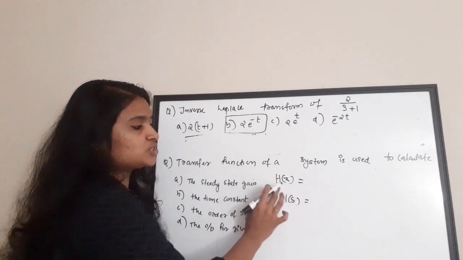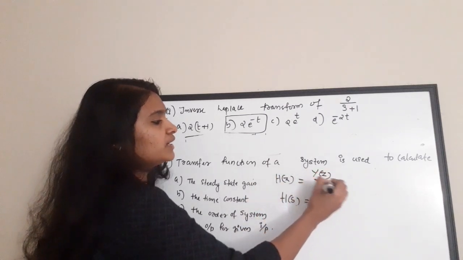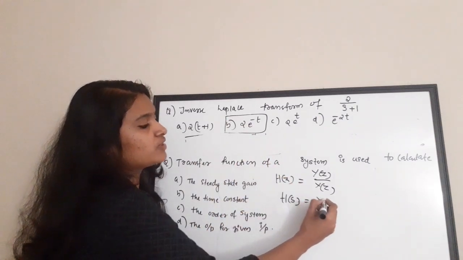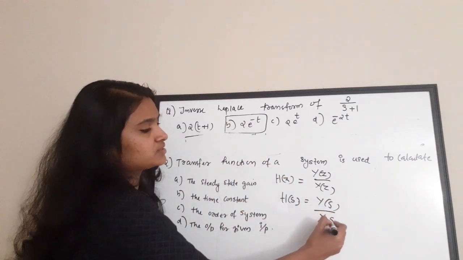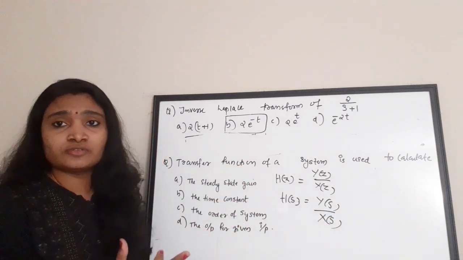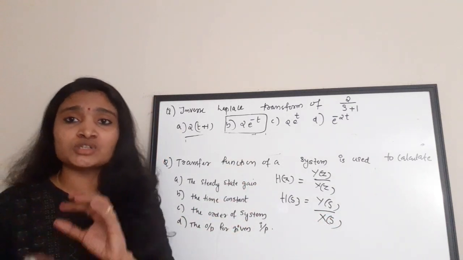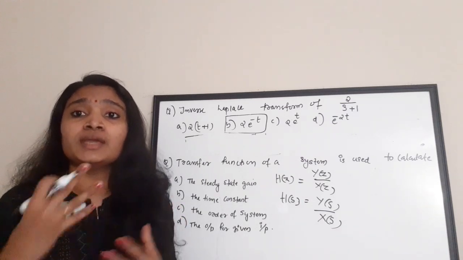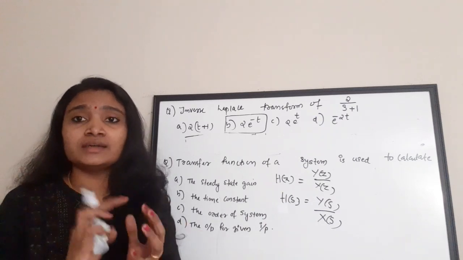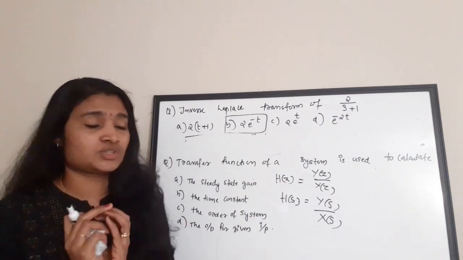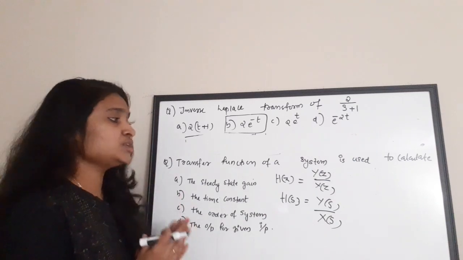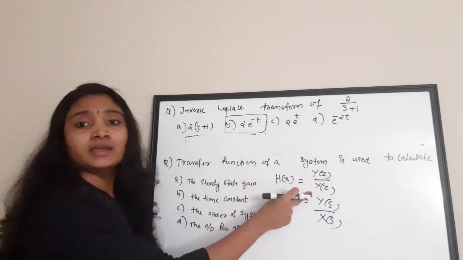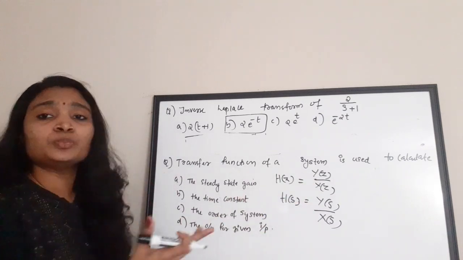If you write the expression for H of z, it is Y of z by X of z. That is a standard format. And for H of s, it is Y of s by X of s, right? So this is the expression for a transfer function. A transfer function is a function of a system which represents how the system is going to behave if you give some input. That is the definition of a transfer function. Transfer function is simply output by input.